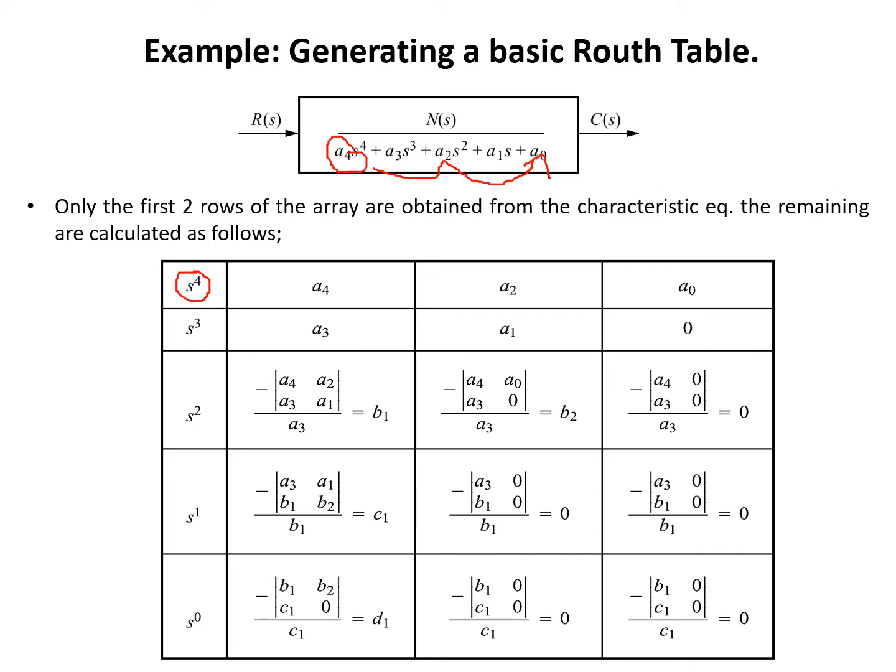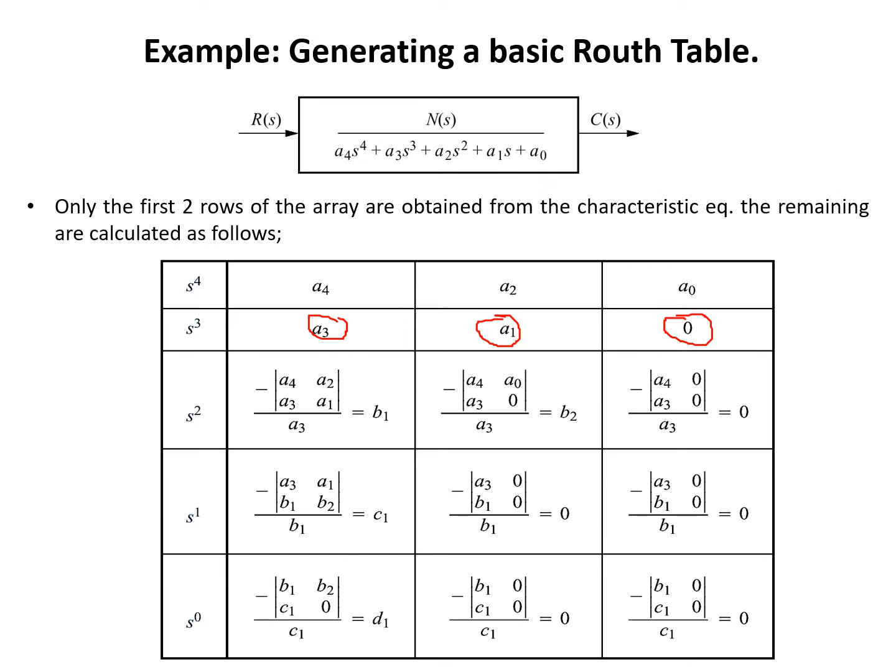Similarly, in the next step I'll be taking the s cube power, wherein the coefficients are now a3, then a1. If you don't have anything after this, then it is considered as 0. So the second row elements are a3, a1, and I don't have any other element, so it is 0.